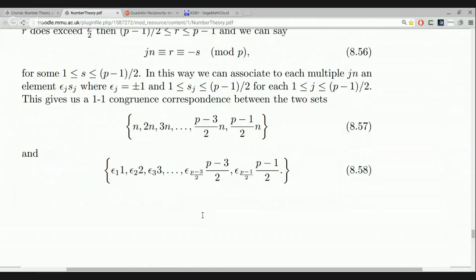You see, you do indeed have all the numbers in the first half, 1, 2, 3, 4, 5, 6, and they all have their associated plus and minus sign. And there are the 3 minus signs, introduced because those were the residues that were in the second half, so we dragged them back, gave them a minus sign into the first half, so we could multiply them all together, generate that (p-1)/2 factorial, which would cancel from both sides, and we'd just be left with the minus 1 to the power of that number 3.